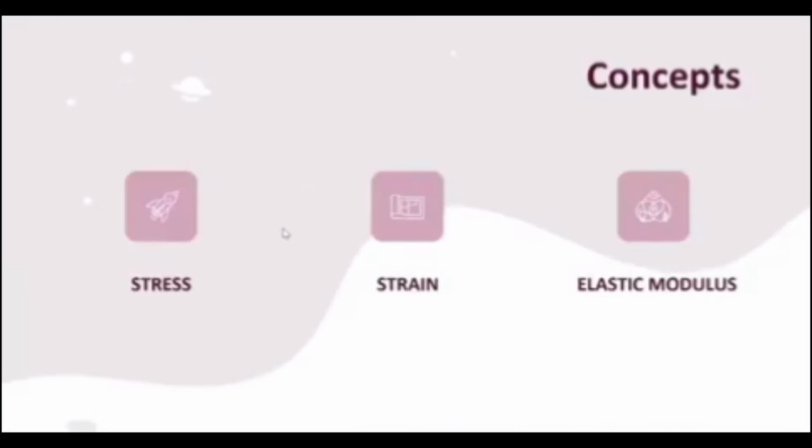So here are some concepts. Stress is a measure of the forces causing deformation. Strain is a deformation caused by the stress. The greater the deforming forces, the greater the resulting deformation. This is called Hooke's law.